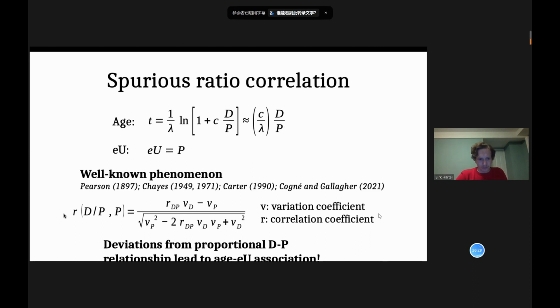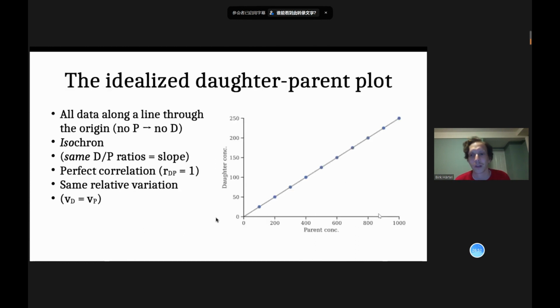And so we can actually, from this formula, calculate the expected correlation coefficient between D over P, the age, and P, which is EU, just from the correlation between daughter and parent and the variation coefficients. If we now go back one slide to this idealized daughter-parent plot, here I said in the ideal case, we have a perfect correlation and VD and VP are the same.